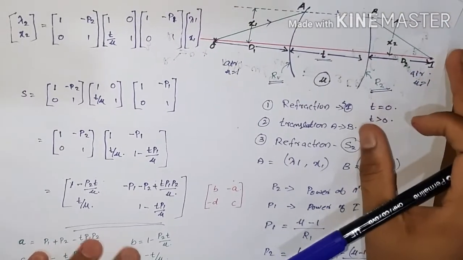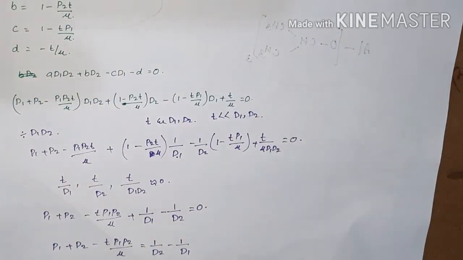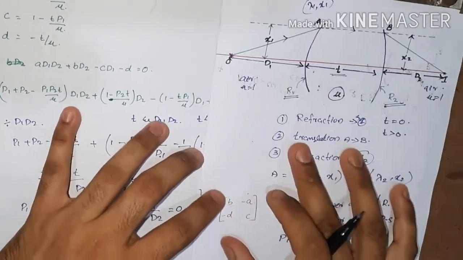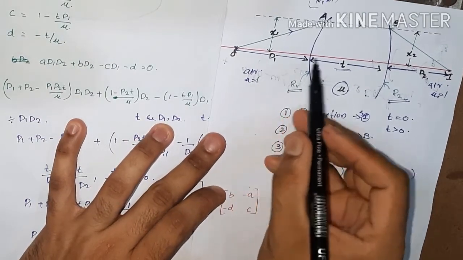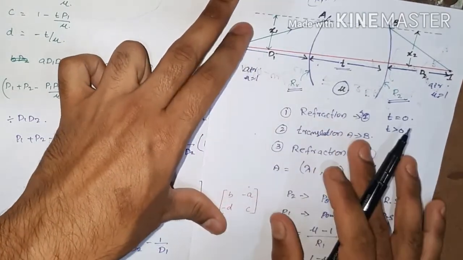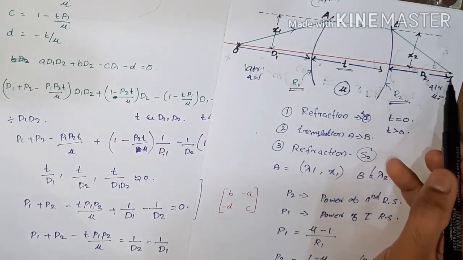Again we are considering our actual pictorial representation, our diagram. Here you can see that this d1 is nothing but the distance of the object from the lens, as well as d2 is the distance of the image from this lens.